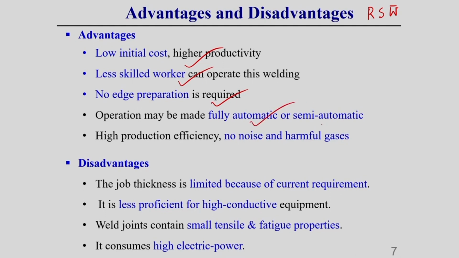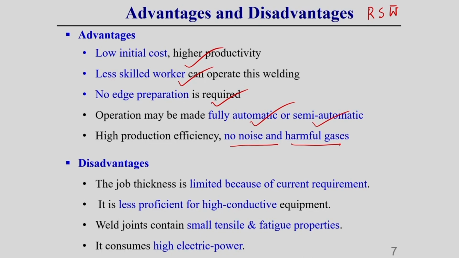It can be an automatic or semi automatic process. Its production efficiency is very high, and there is no noise or harmful gases, like in fusion welding and other arc welding processes where there is a chance of harmful gases and noise. These are not present in resistance spot welding, and it has some disadvantages also.